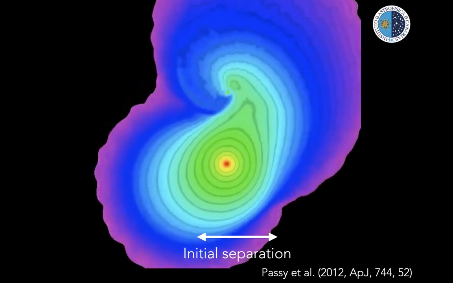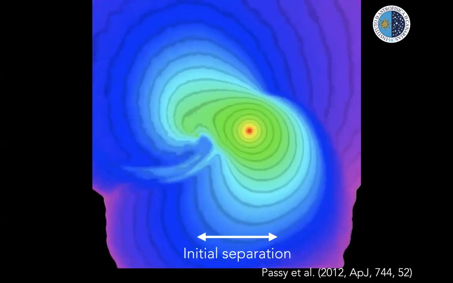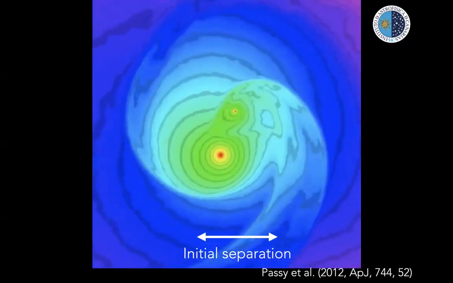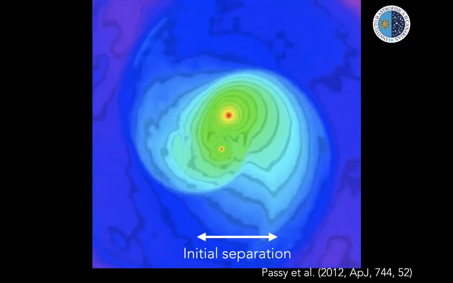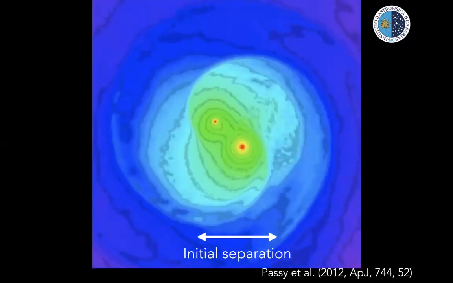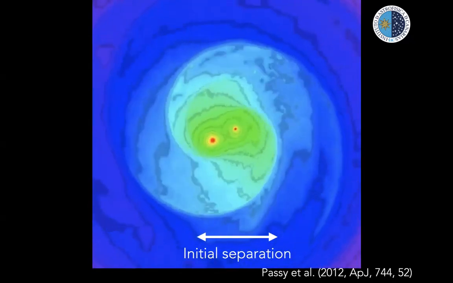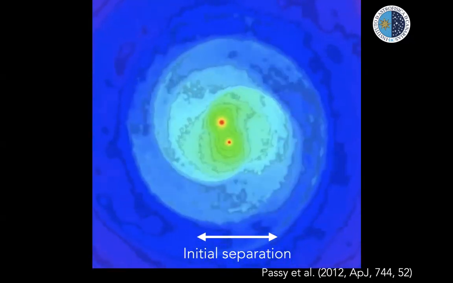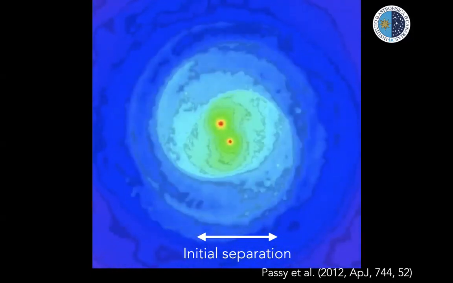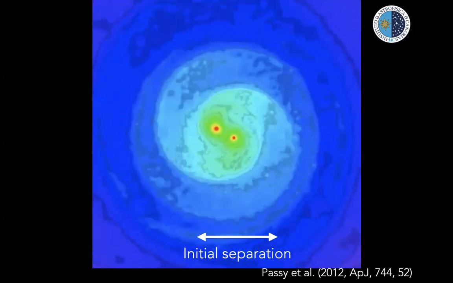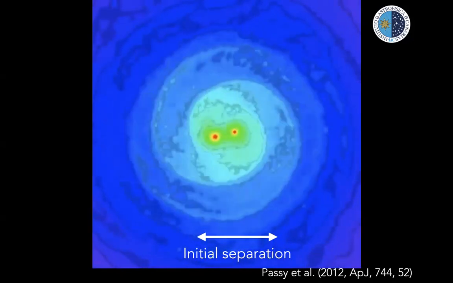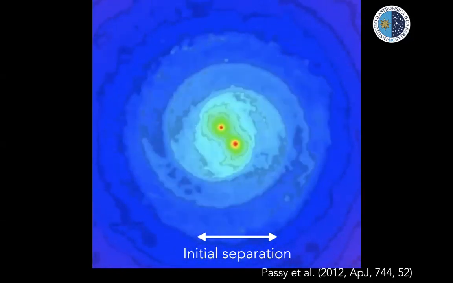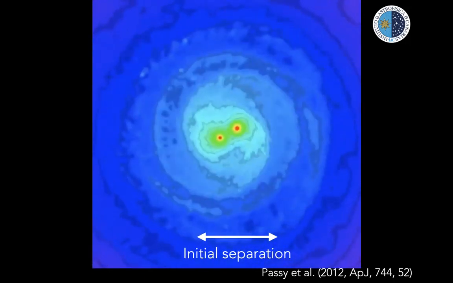So if I start the simulation, you can see as the secondary, the companion, begins to interact with the primary's envelope, it starts to throw off this material in a sort of spiral structure into the orbital plane, and all the while the two stars begin circling one another closer and closer, reducing their orbital separation. So under this process, the orbital period of these stars will shrink from maybe a year or two down to only a day or less than a day. So it's really quite a dramatic change.